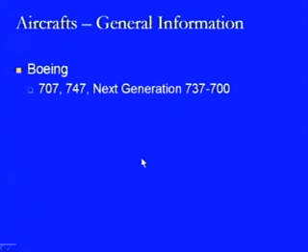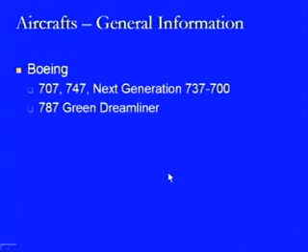Now, let us have a quick look at some general information regarding aircrafts. We have different types of aircrafts, like in the case of Boeing, it started with 707, then 747 came, and 707 is nowadays being taken out, and there are next generation aircrafts like 737, 700. Or now, if you have gone through the news items, they are coming out with the 787 Green Dreamliner.